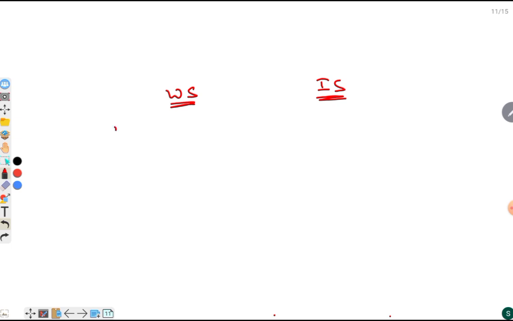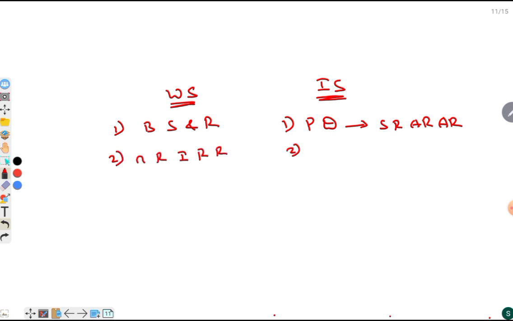In Western secularism, there is a complete separation between the state and religion. In India, we follow principled distance, that is, the state recognizes and accepts all religions. In Western secularism, there is no role of the state in religion, but in India we see a role of the state in religious reform.